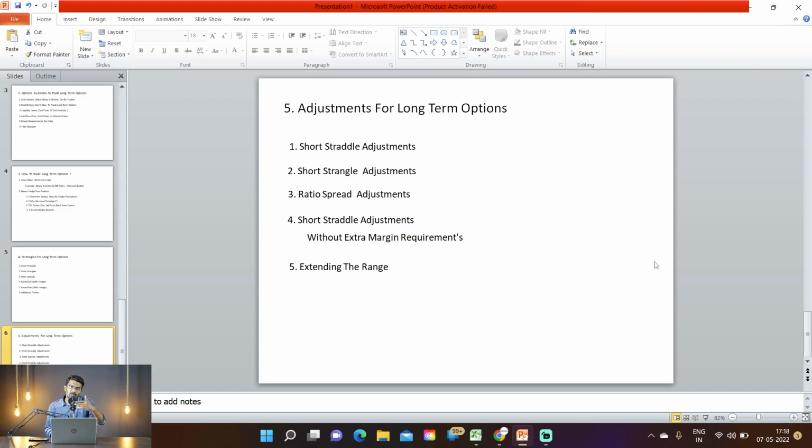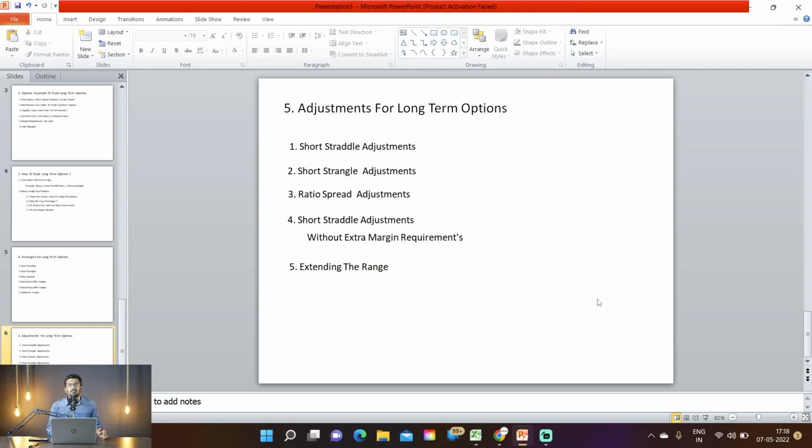Apart from that, we have plenty of opportunities to make adjustments to long-term options and extend our range really well, so that time decay works in your favor. As I told you, that is also a pretty advanced adjustment which we cannot cover here.